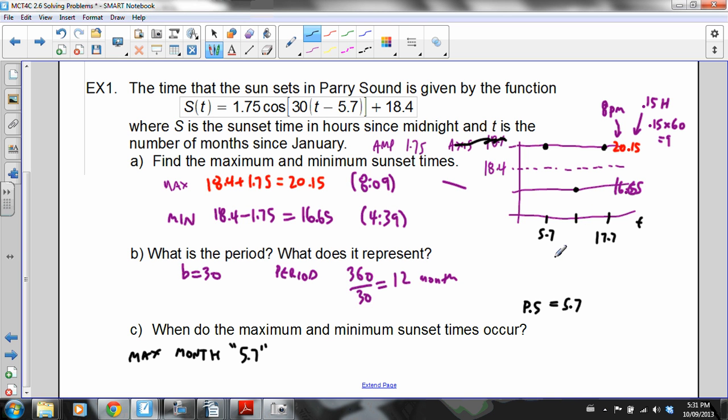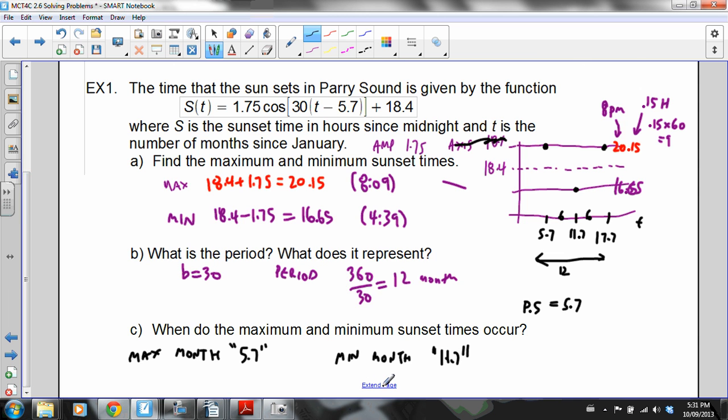The period is 12 months, so halfway between is every 6 months. So the minimum is going to occur at month 11.7.